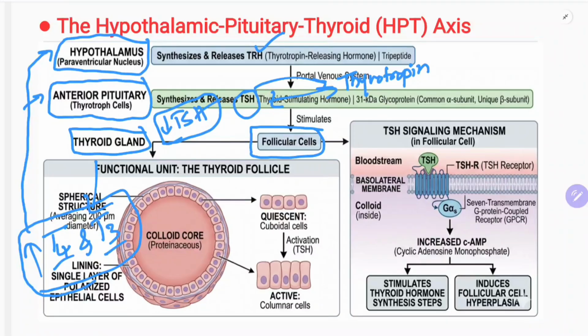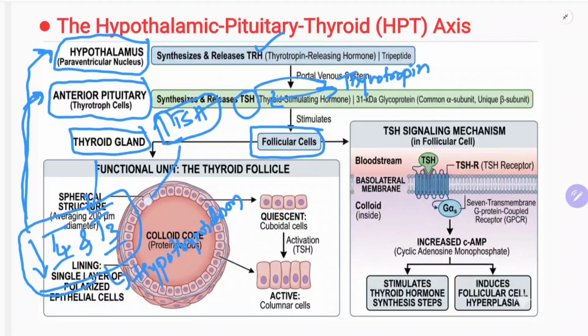Similarly, the opposite thing. What is that opposite thing? The opposite thing is when there is decreased level of T4, T3 for any reason. That is known as hypothyroidism, actually. So that is a state of hypothyroidism. That will give a negative feedback to the hypothalamus and anterior pituitary, and they will secrete increased TSH.